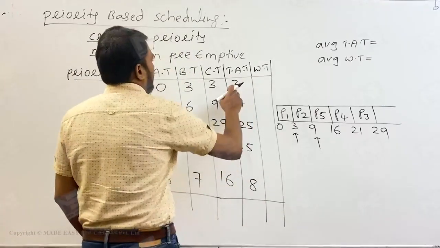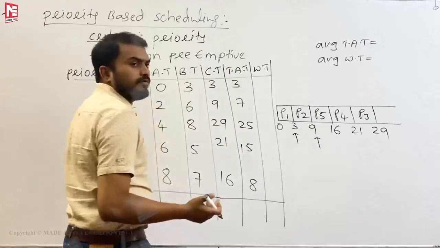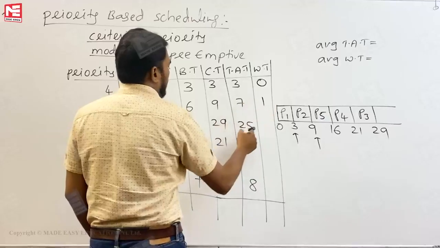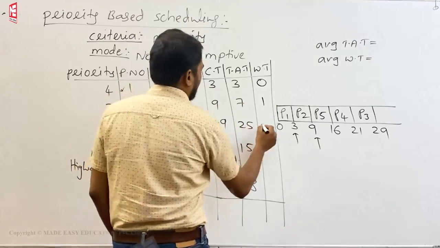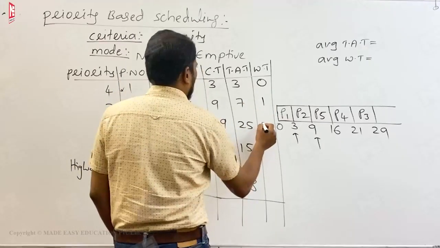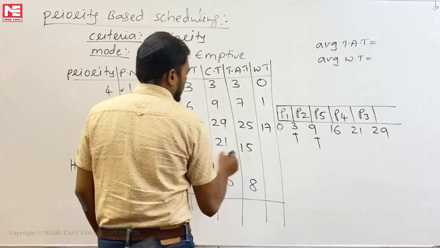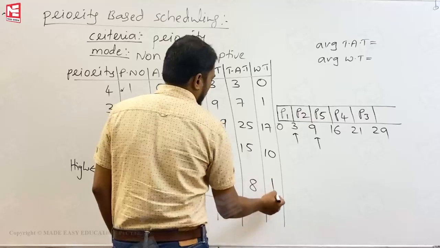And waiting time you also find out: turnaround time minus burst time. All of you know the formulas already. So 3 minus 3 is 0, this is 1, and this is how much here? 17, and this is 10 and this is 1.